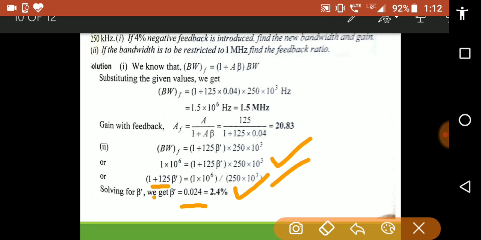So this numerical is solved. In this problem, we found bandwidth with feedback, gain with feedback, and also the feedback fraction beta when we have to restrict the frequency to 1 megahertz. So let us see the next problem.